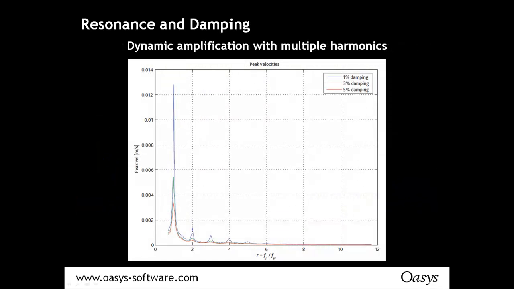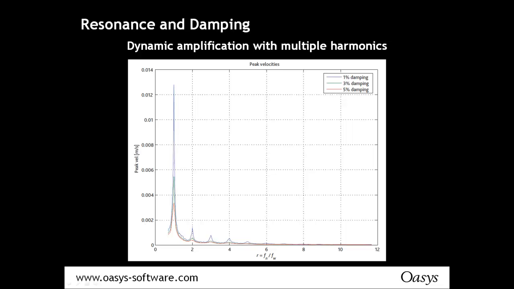If we look at actual analysis results, you can see that you get the biggest response when the excitation frequency, the walking frequency, ties in with the structure, but you also get responses or resonances occurring at twice, at 3 times, at 4 times, and so on, in multiples of the walking frequency.